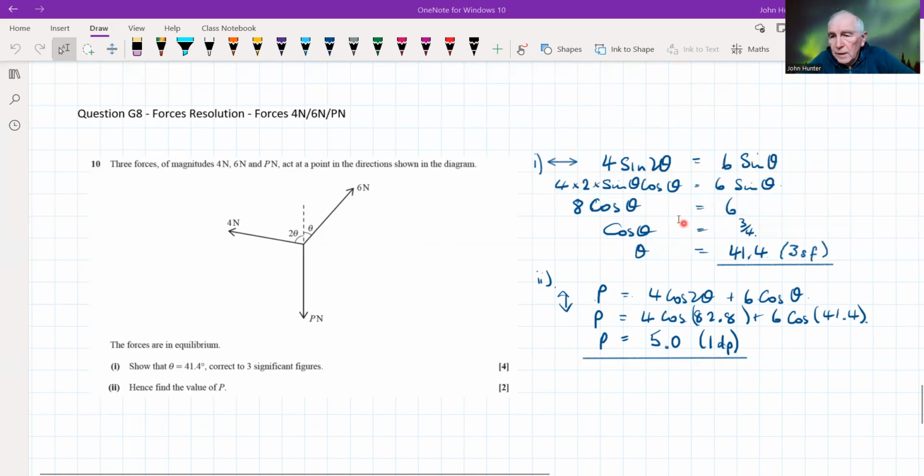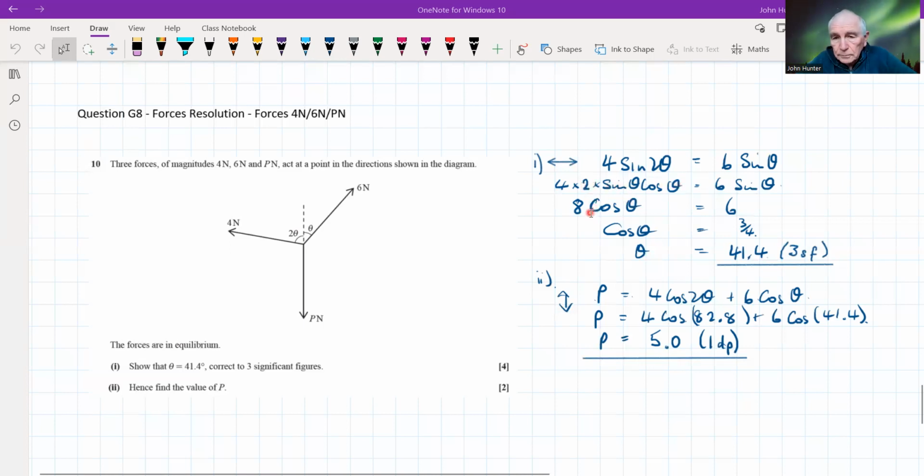Now we need a little bit of trigonometry here, and what we need to know is this identity that sine 2 theta equals 2 sine theta cos theta. If you haven't done that in pure maths yet, it's worth making a note of that and remembering it, because you don't need to do the whole trigonometry topic in order to be able to use that.